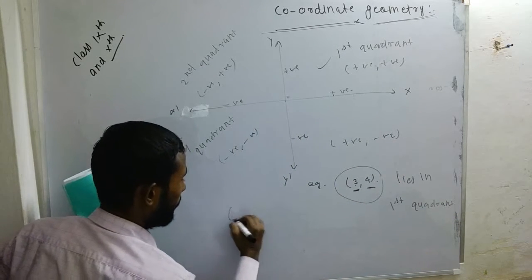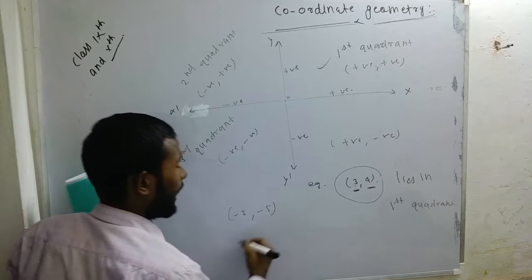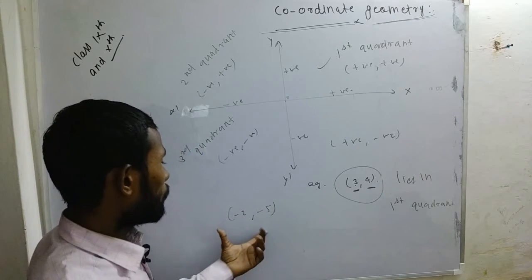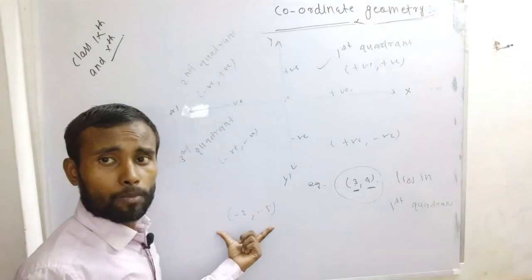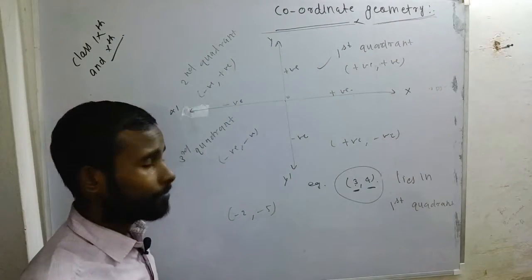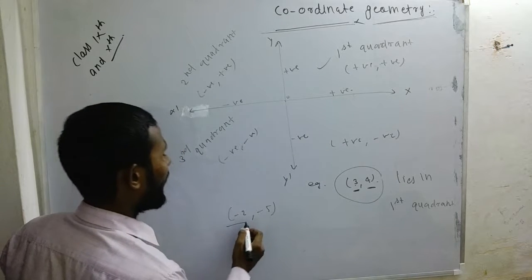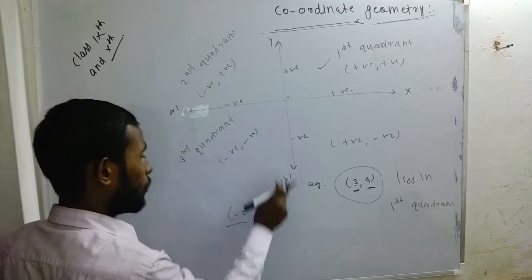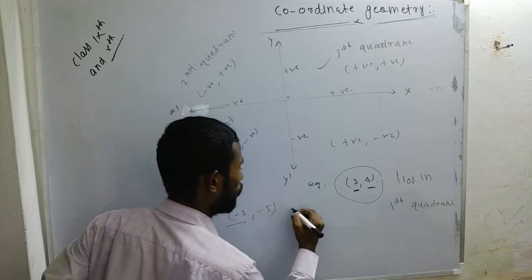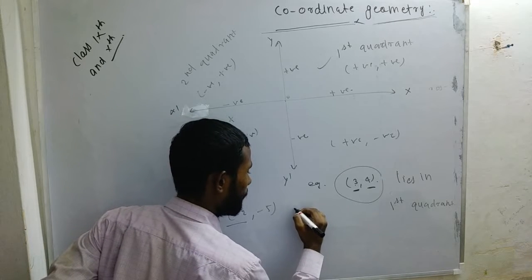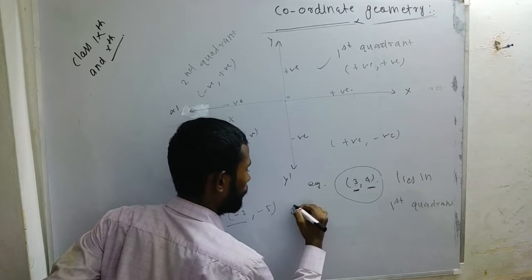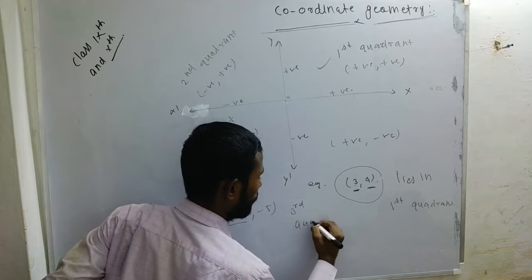Let us take another example, -2, -5, and anybody asks to check in which quadrant this point lies. Then we observe that the x coordinate is negative and the y coordinate is also negative, so it lies in the third quadrant.